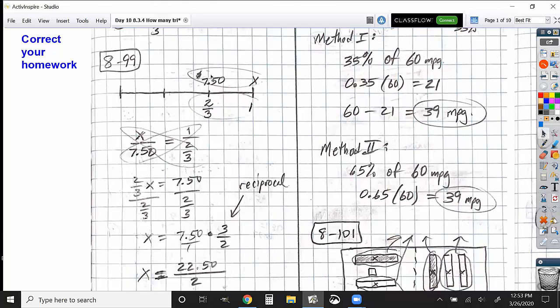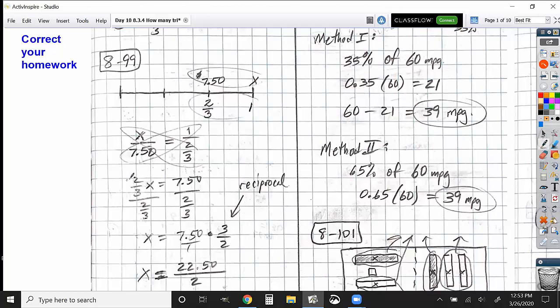So if I do x is to 750 as 1 is to 2/3, that's one way to do the problem. And then you could cross multiply. 2/3 x equals 750.